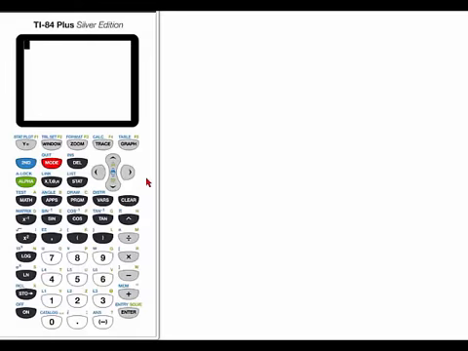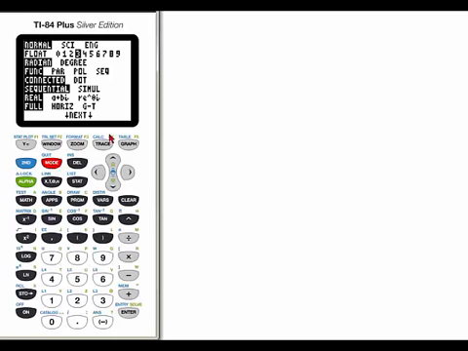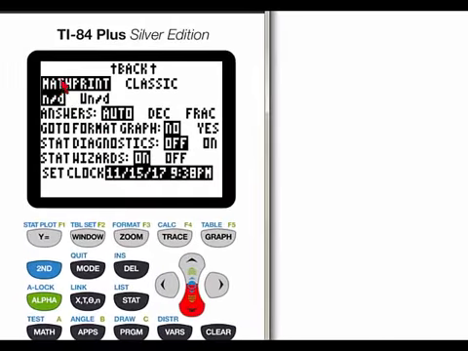For the TI-84 series calculators, the easiest way to graph a logarithm with a base other than 10 or e is to have your calculator in math print mode. Go to the mode key and select it, then scroll down, and you can see that math print is highlighted.